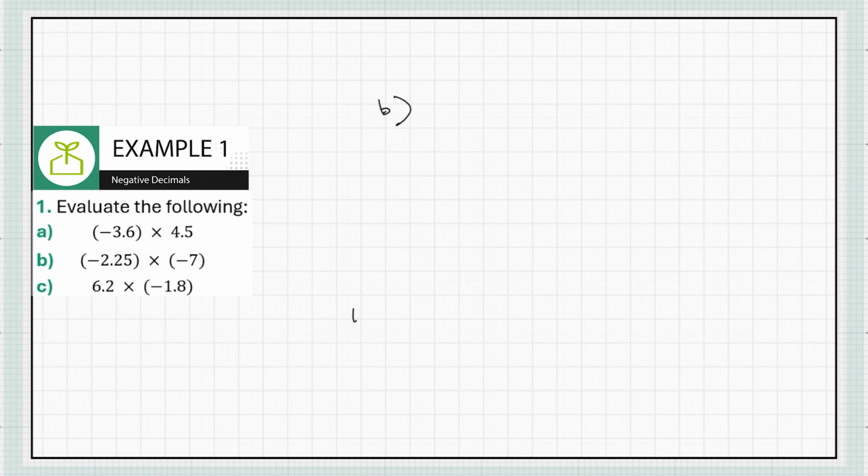Alright, let's look at B. So for B we have minus 2.25, and we're going to multiply this by negative 7. Now, because it's a negative multiplied by a negative, we know the answer will end up being positive, so we can just treat this as positive multiplication. Okay, so let's do the exact same thing as before.